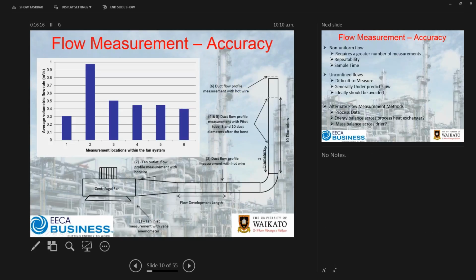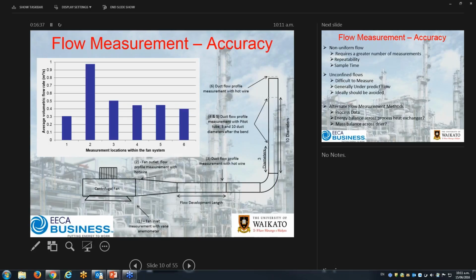Now, I have actually shown this slide previously in another webinar, and so we want to just recap very quickly here. Here's a fan. It's an open inlet. You've got an outlet coming through some duct, round a bend, and then we've done multiple measurements.